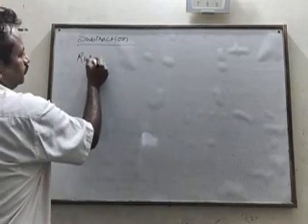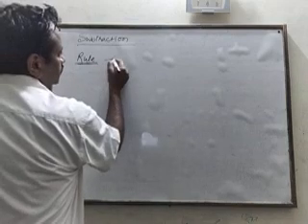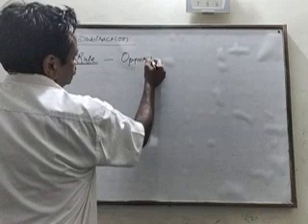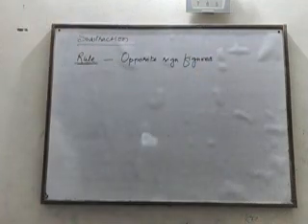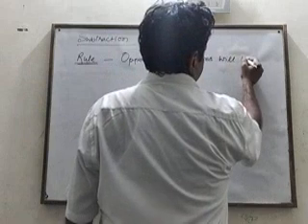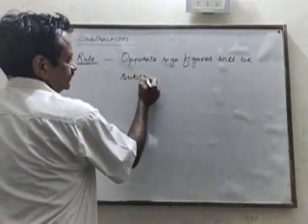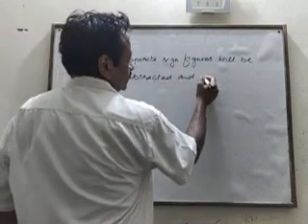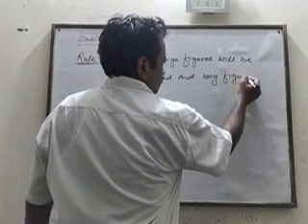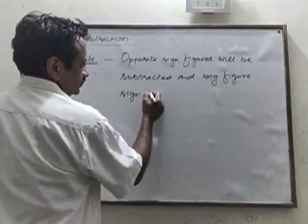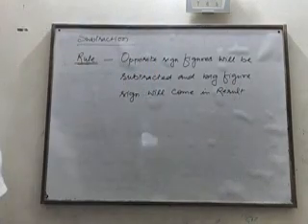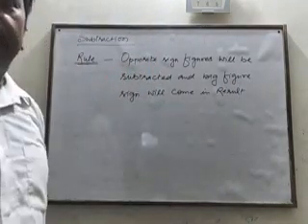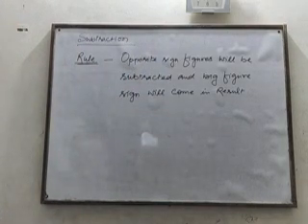If we are using the calculation or manual way, we will remember this rule: opposite sign figures will be subtracted and the big figure's sign will come in the result. So this is the rule.